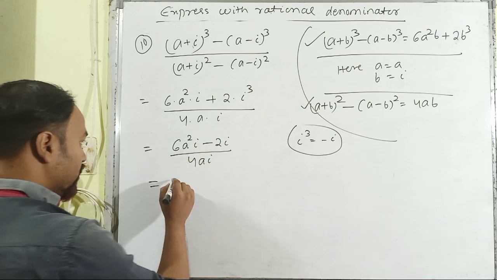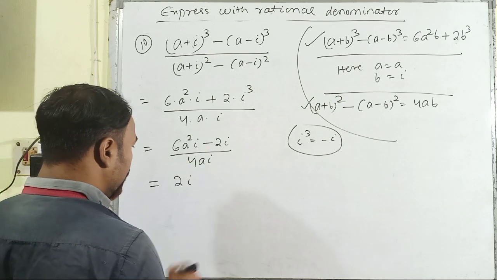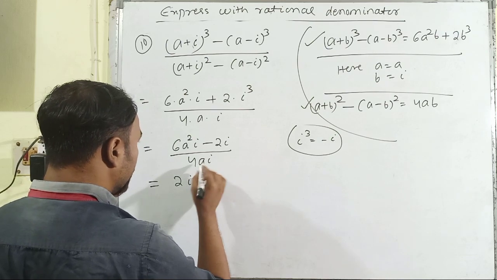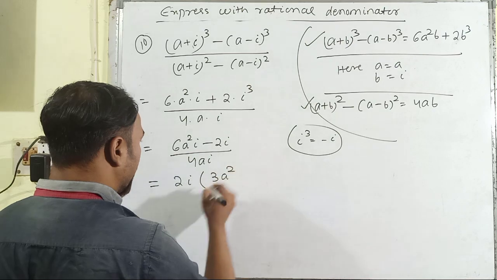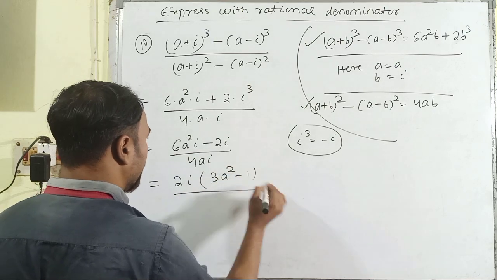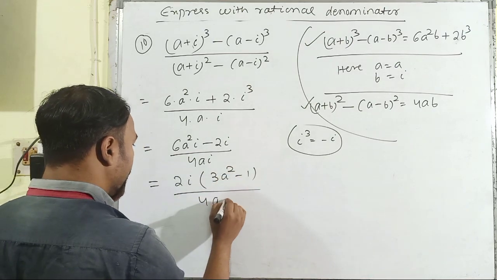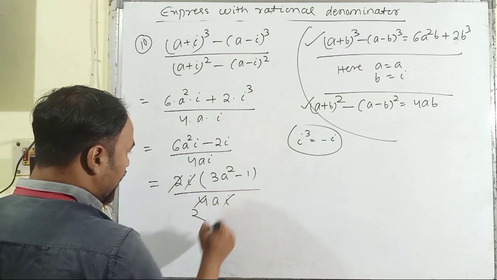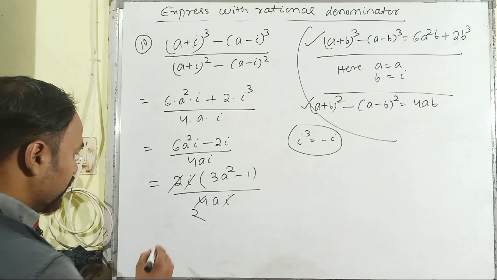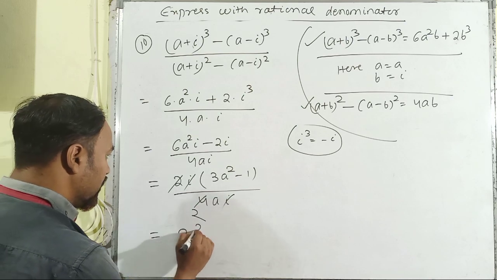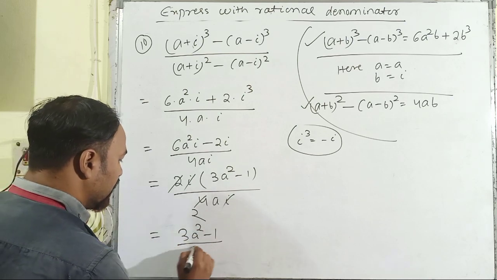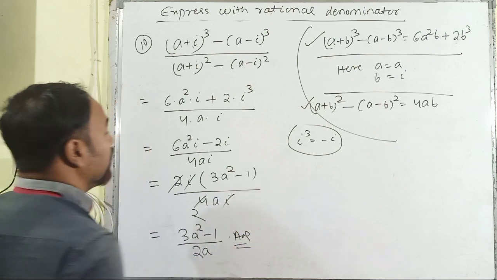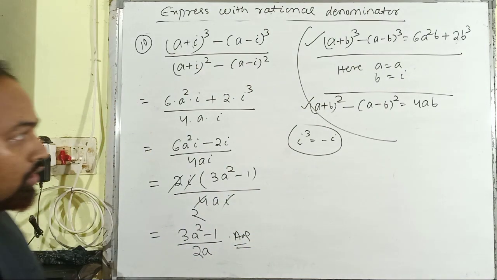Just taking 2i common here, it will become 3a square minus 1 divided by 4ai. Cancelling both i and 2, we can have 3a square minus 1 divided by 2a, and which is the answer for the number 10th problem.